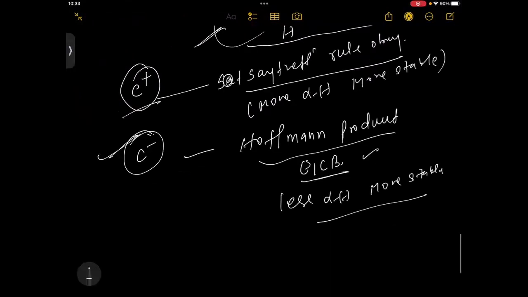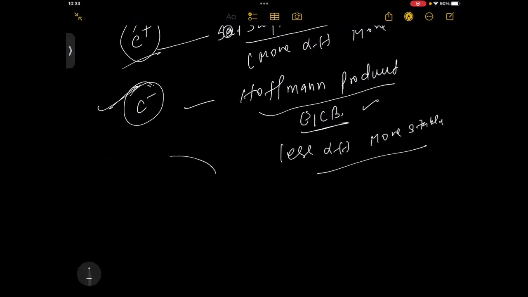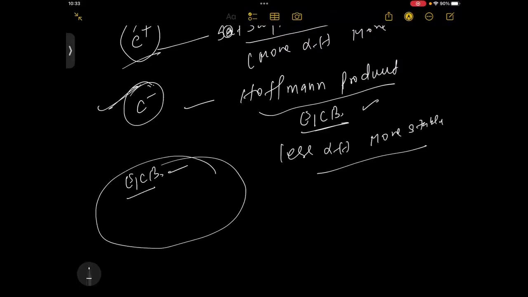I hope you understood all this. One more thing, students, keep in mind. In the base catalyzed dehydration, the mechanism followed is E1CB. Acid catalyzed dehydration follows the E1 mechanism, as in the aldol condensation we are understanding right now.